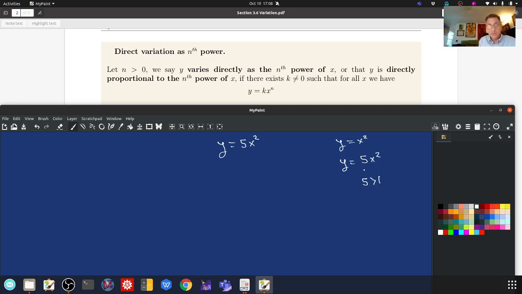So this results in a narrowing of the graph vertically. So we've seen this before. It's just getting a different name, and our exponent n can be any integer greater than 1. So actually, direct variation is the nth power. If n is equal to 1, then it's linear, and if n is greater than 1, then it's non-linear.